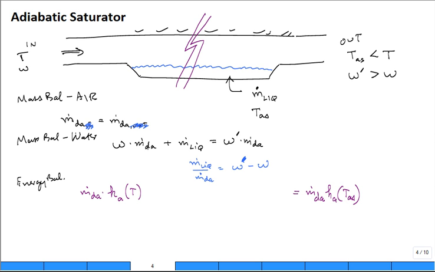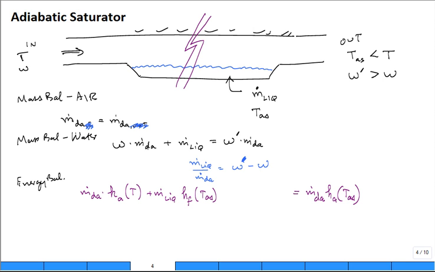So we've taken care of the air. We also have the mass flow rate of the liquid, and it's coming in in liquid form, so it's coming in at h_f, with the assumption that it's at the adiabatic saturation temperature. So that's an energy rate flowing in because of the liquid, true?